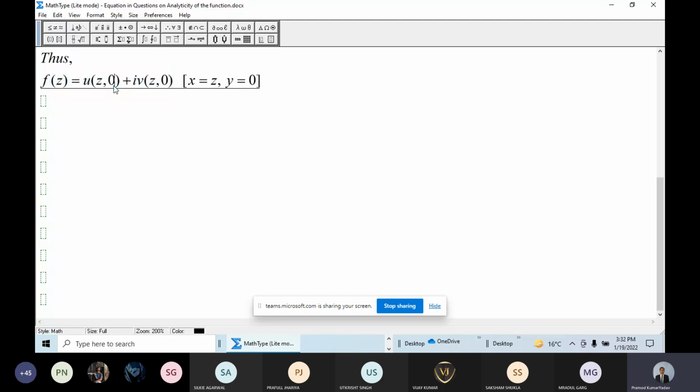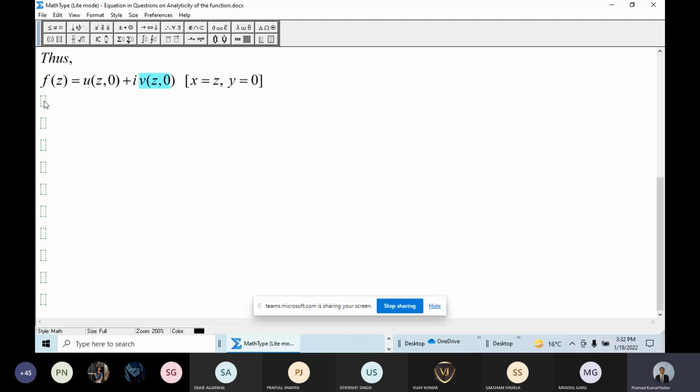Suppose u is given, so what can we do? We can use x as z and y as 0. But in case of v, v is not given, so we can't find the analytic function. Ultimately, we need to find: if the real part is given, it means if u is given, then we need to find v. And if v is given, then our aim is to find u.